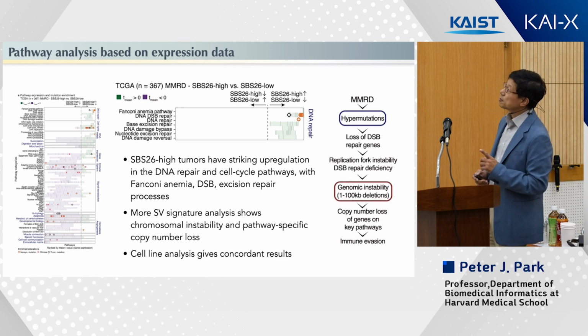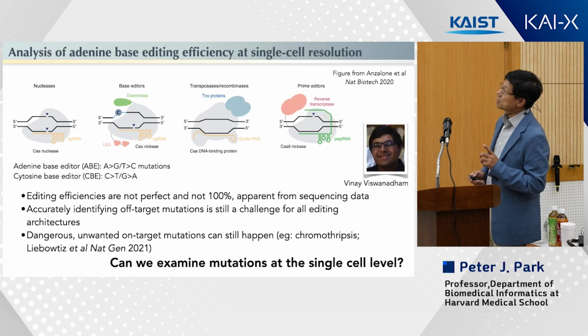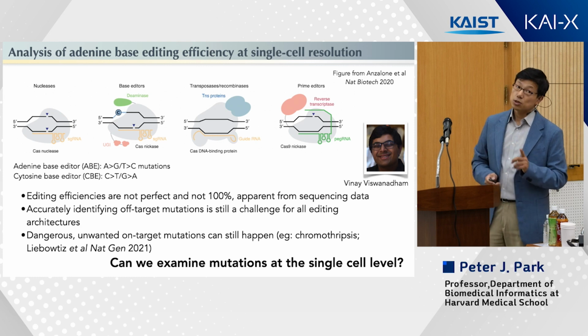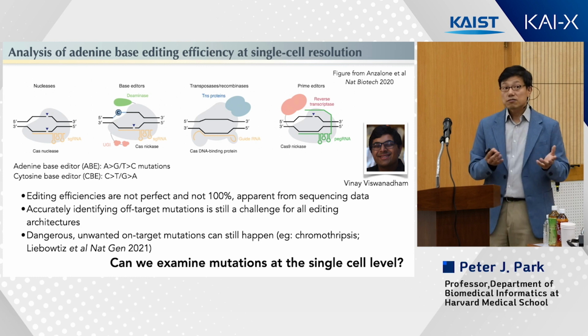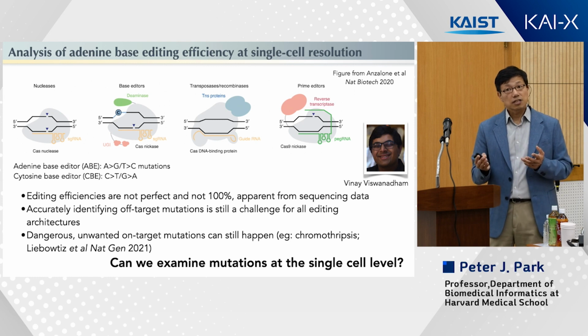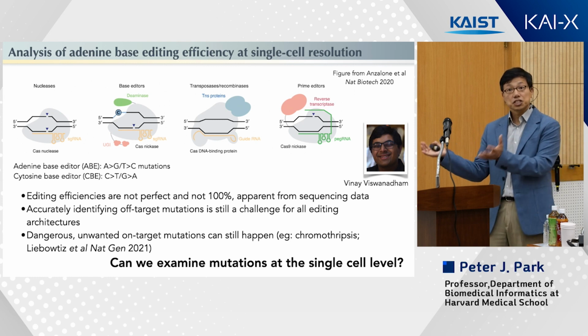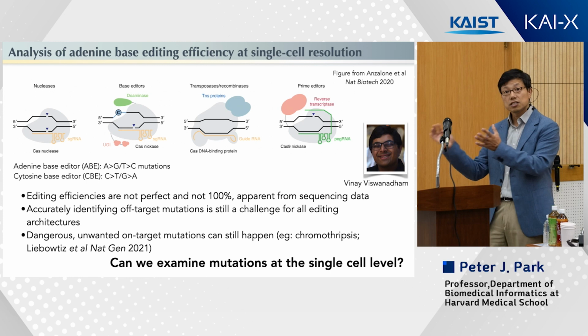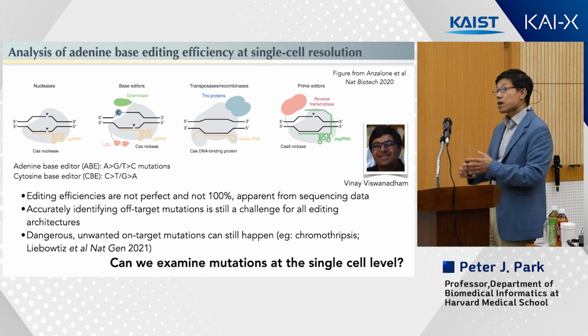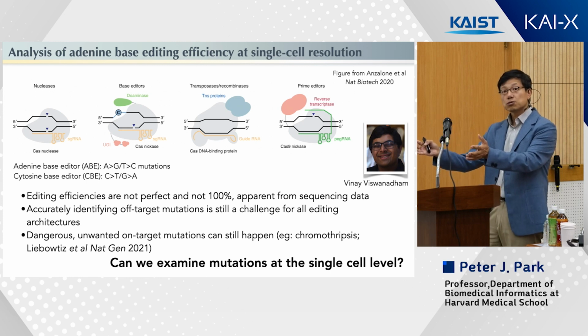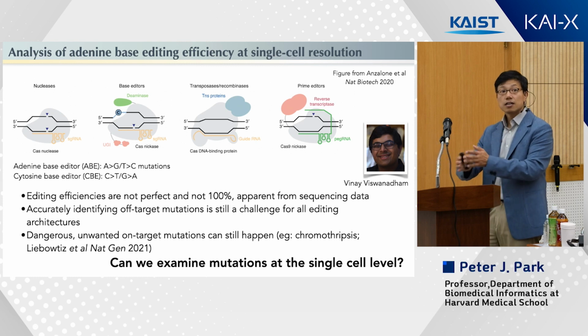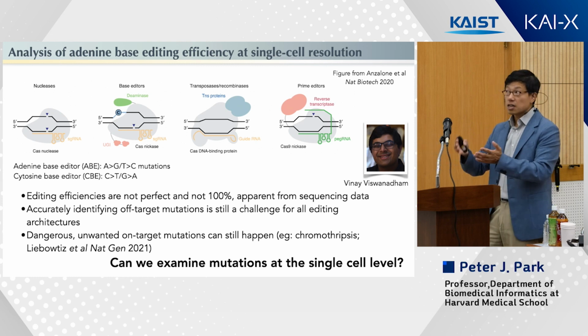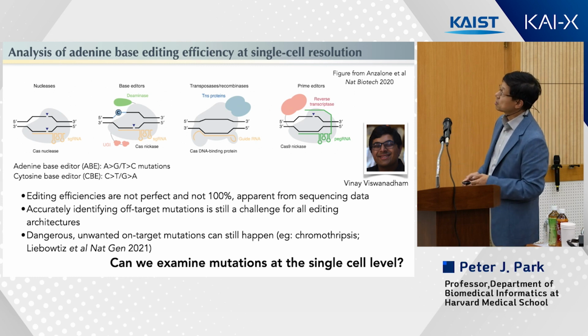I can tell you a little bit about what we learned from this by looking at the cases that have the high SPS 26 signature. We don't have expression data for all these clinical trial data, but what we do have is a lot of TCGA data. So we go back to TCGA, figure out which ones are SPS 26 or 54 high, divide them, and then do all this analysis that we typically know how to do.